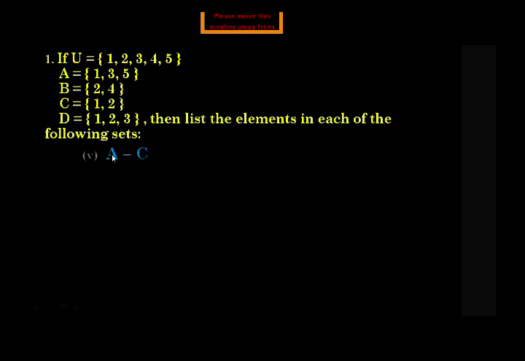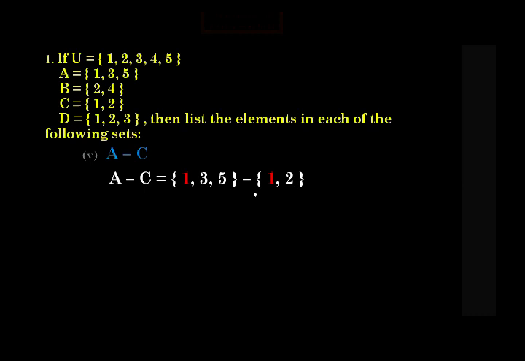We need two sets here, A and C. First we will write the elements of set A, that is 1, 3 and 5. Then we will put the sign of difference and then we will write the elements of set C.